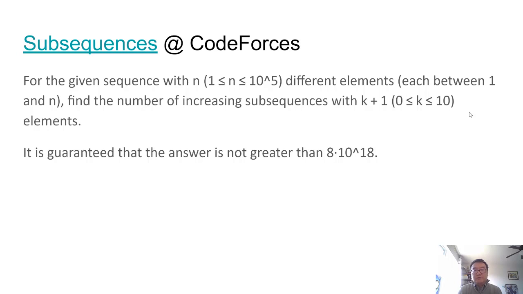And k is in the range from 0 to 10. So at most we get k equals 10. So we want to find the number of increasing subsequences with 11 elements.